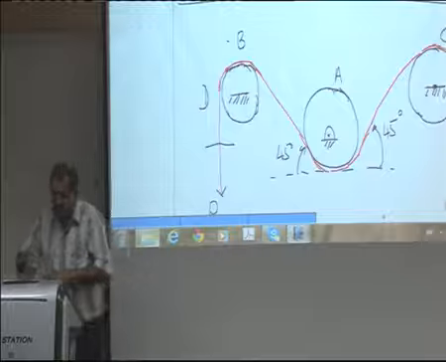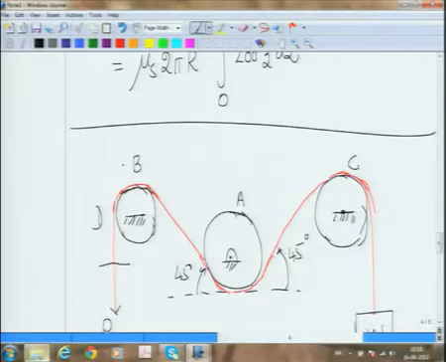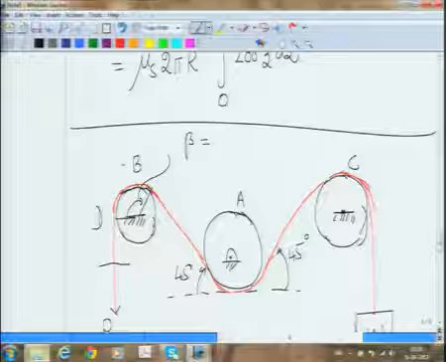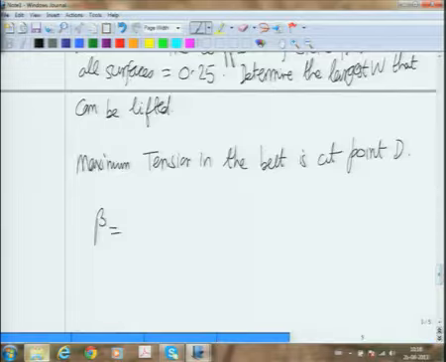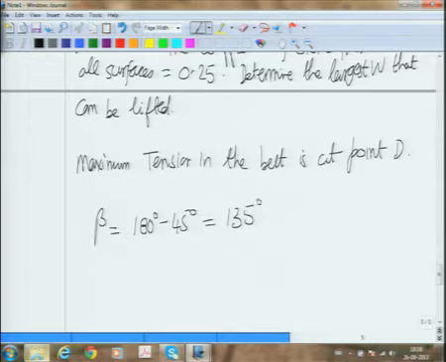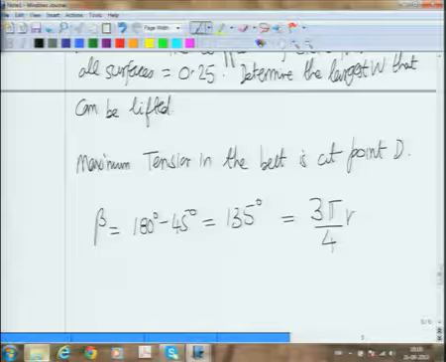So now, once we realize this, what is the angle of wrap, beta? If I call this beta, then beta is equal to 180 degrees minus 45 degrees, which is 135 degrees. We should always convert it into radians, so this will be 3 pi by 4 radians.